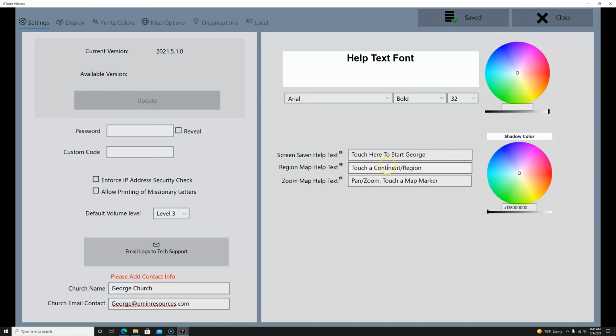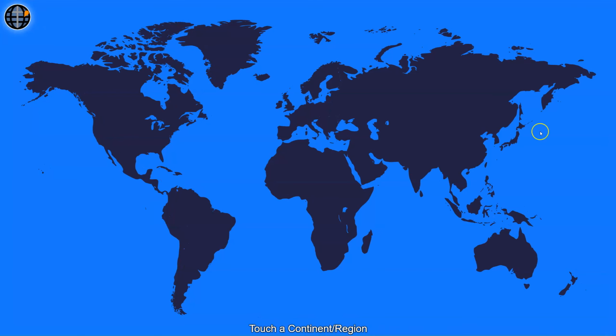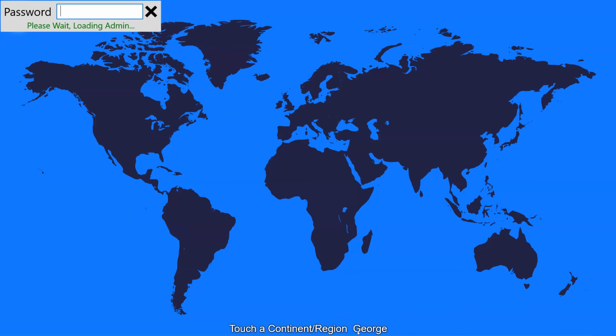Oh, that's screensaver. Let's do this one. George. So we'll add that and get rid of that. Click confirm changes, close, and give it a second to update, and it will update that content. So it adds, and you can put literally whatever you want. So you can say whatever you want to say there.